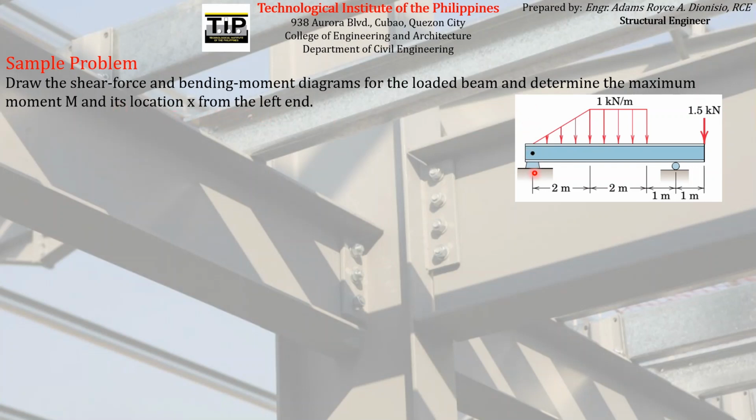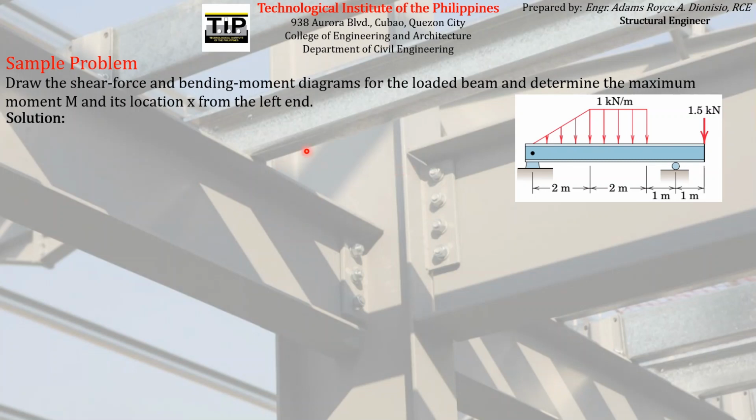So we have a reference point, which is the left end. Actually, again, like what I have said before in my introduction, the main advantage of drawing the shear and moment diagram is that we can easily locate the maximum values of the shear forces and bending moments being experienced by the beam, as well as their actual magnitudes.